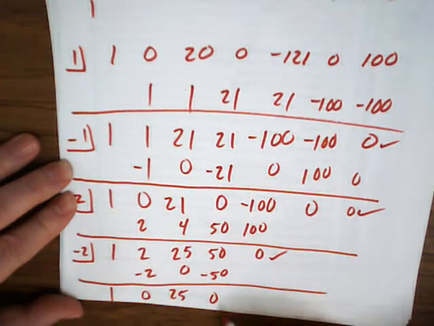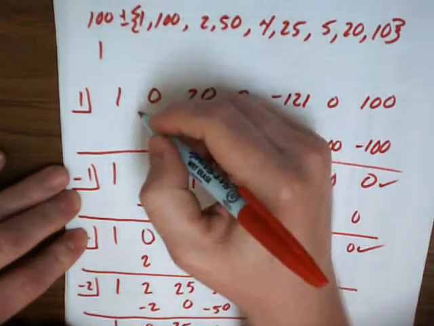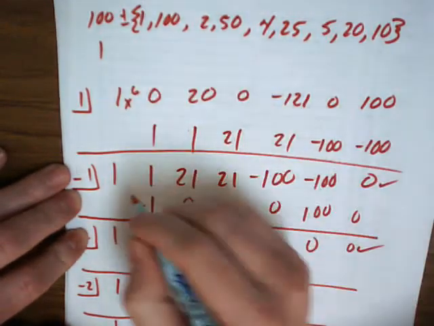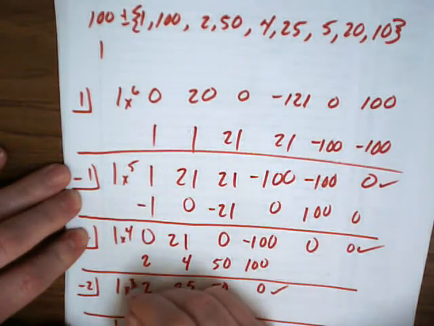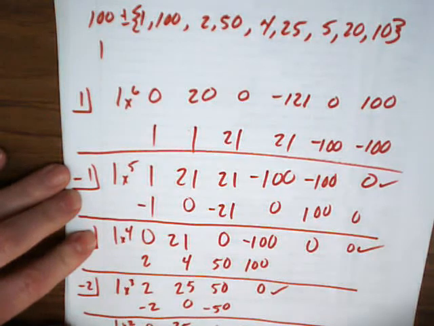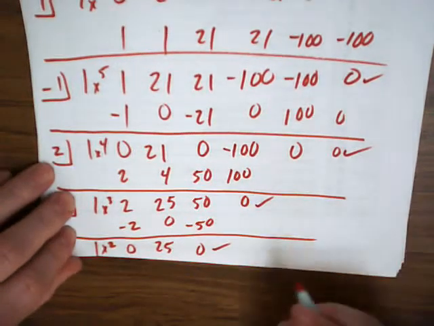Okay. So we whittled this thing down from x to the 6th to x to the 5th, x to the 4th, x to the 3rd, x squared. There's my huckleberry. If I got it down to x squared, then I'm good to go, right?